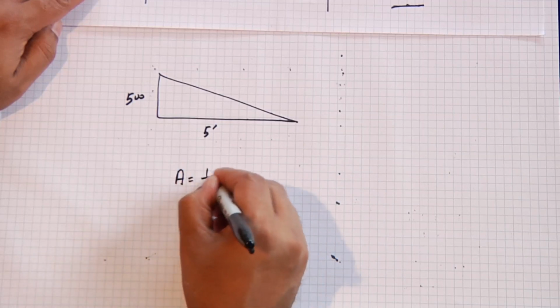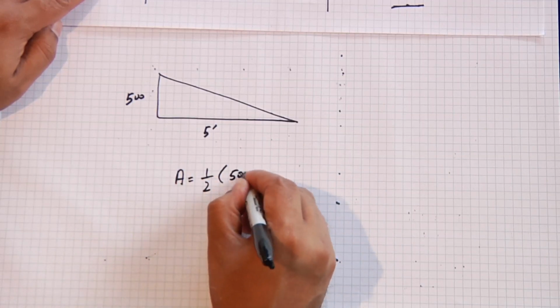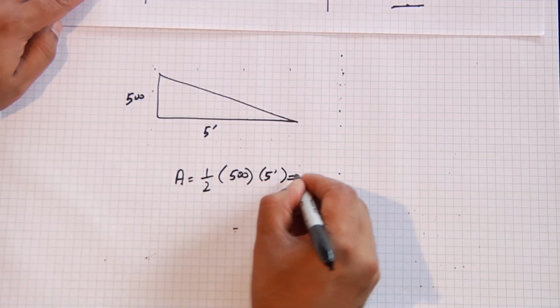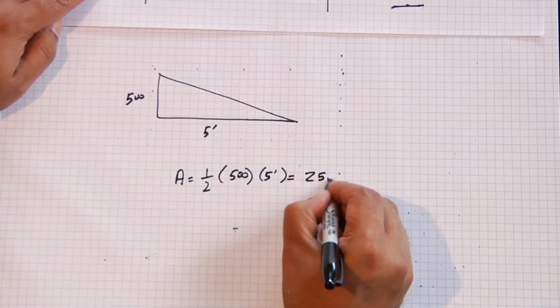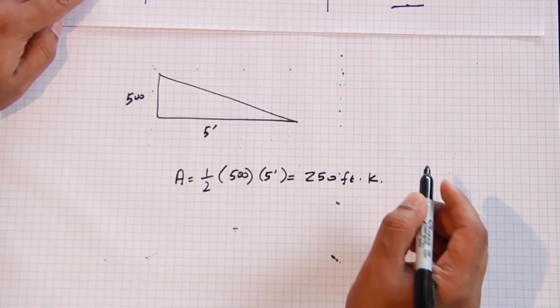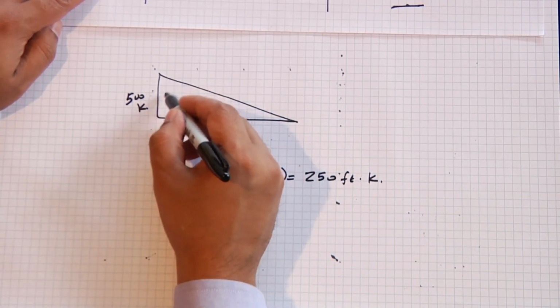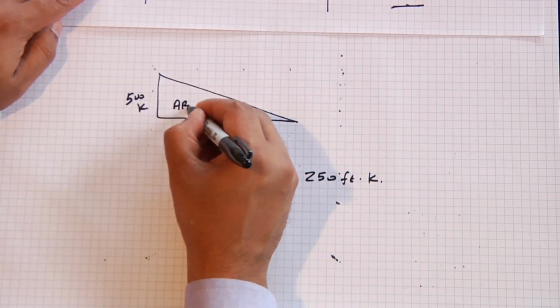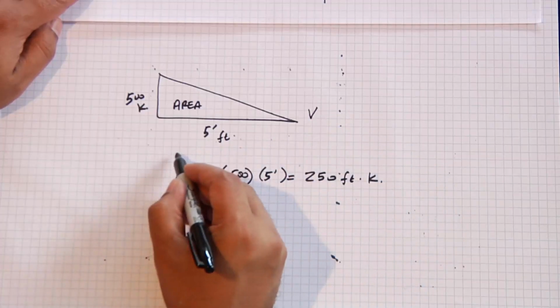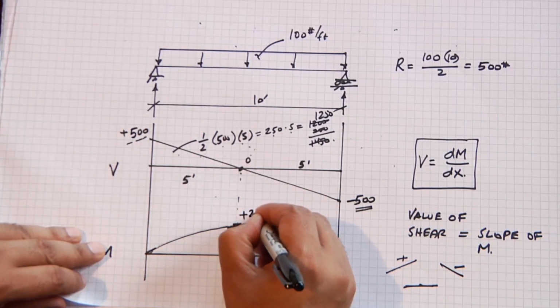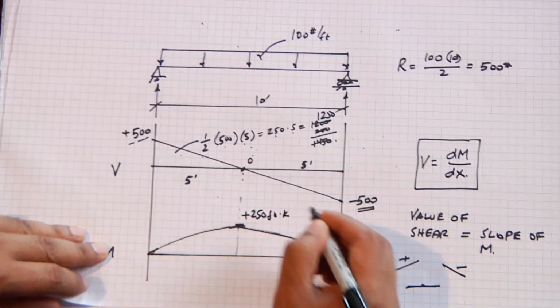The area under a triangle, 1/2 the height times the base becomes 250, and the units are foot kips because this is in kips, this is in feet. That gives us the area. This area under the shear diagram is equal to this maximum moment, 250 foot kips.